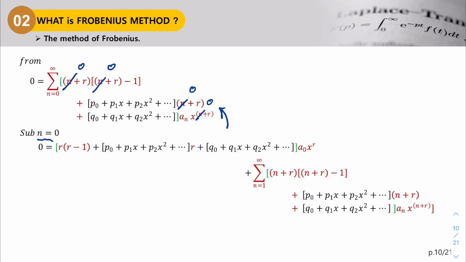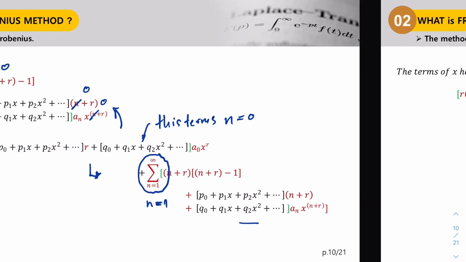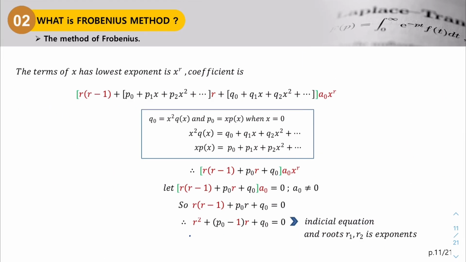In this equation, the summation begins at n equals 0 in this term, and n equals 1 in the second term. The term of x with the lowest exponent is x^r.